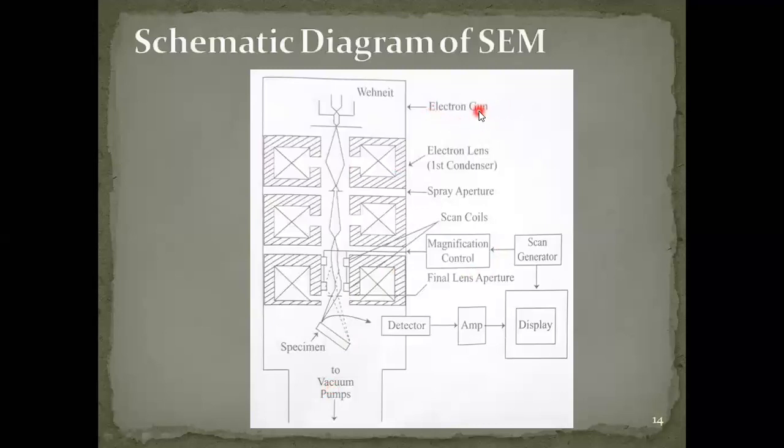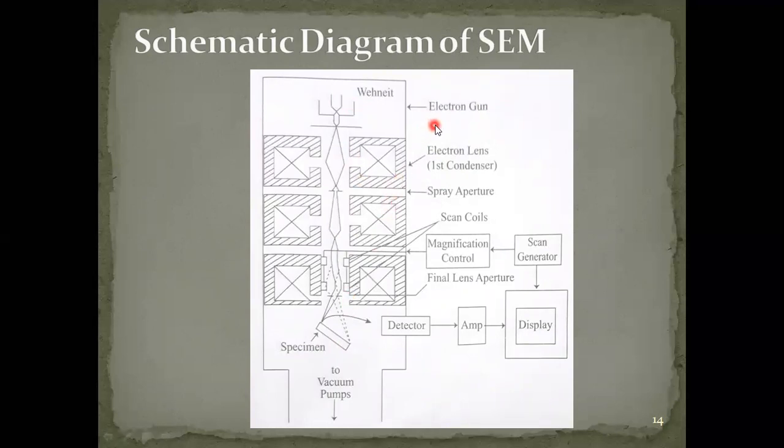In X-ray diffraction we were using X-rays, but in SEM we are using electrons. The electron beam is focused onto your sample. Here is your sample specimen. From the electron gun, we target the specimen by focusing the electron beam on it. So first, this part is the electron column.